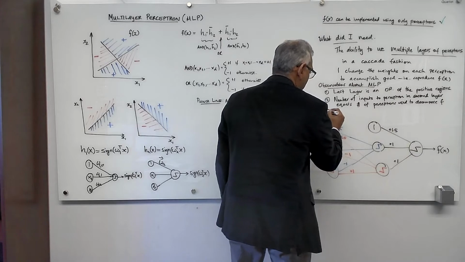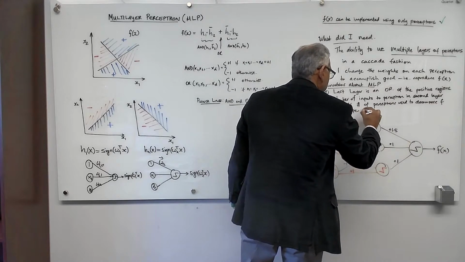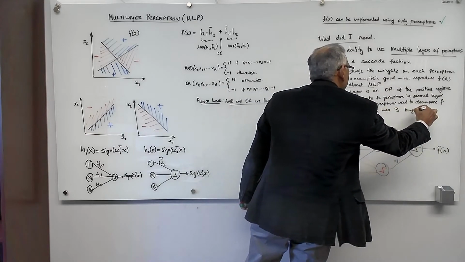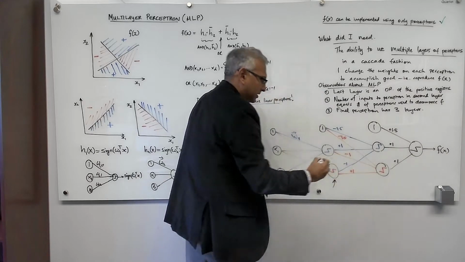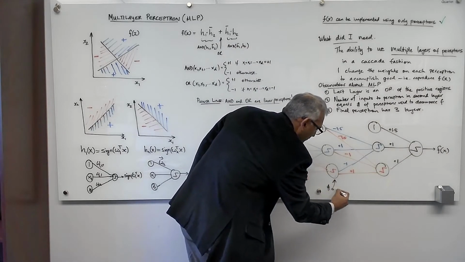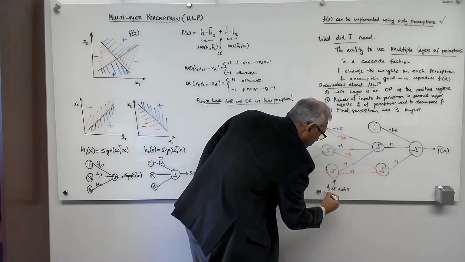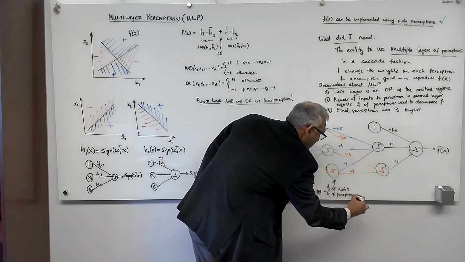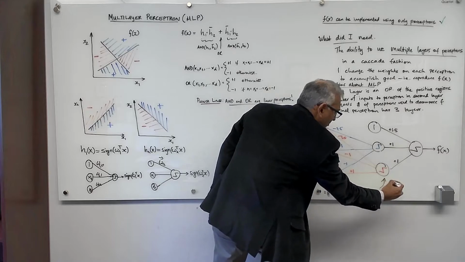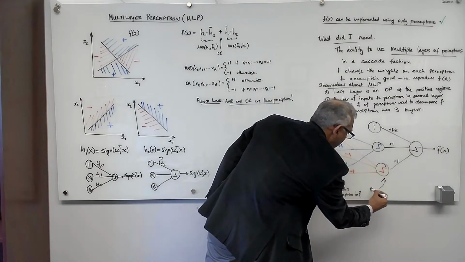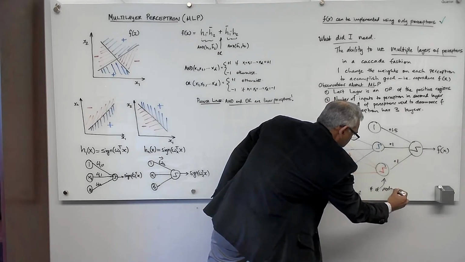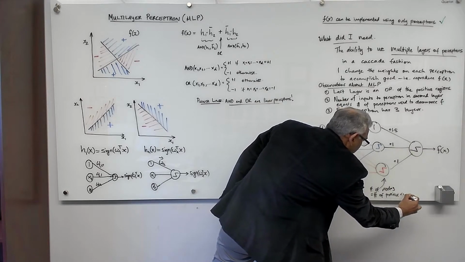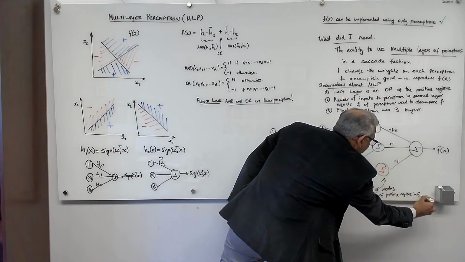In the first we have the number of nodes equal to the number of perceptrons in f, and in the last we have the number of nodes equal to the number of positive regions in f.